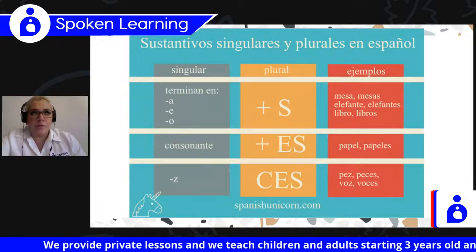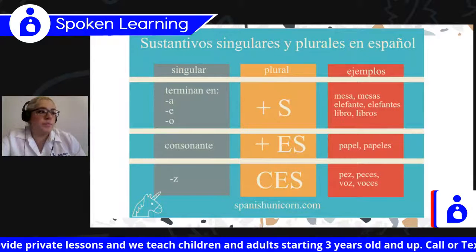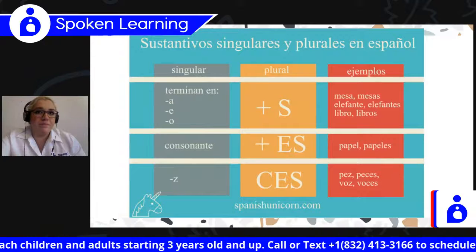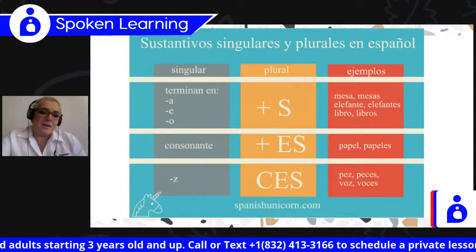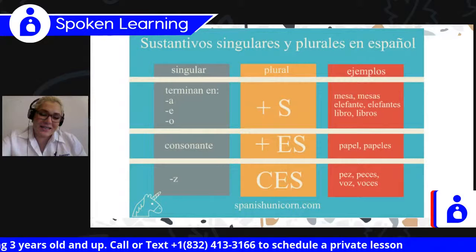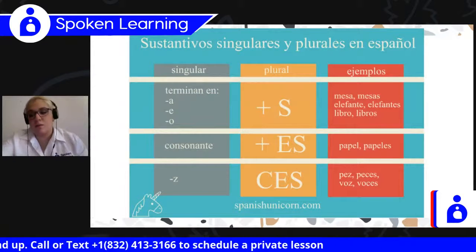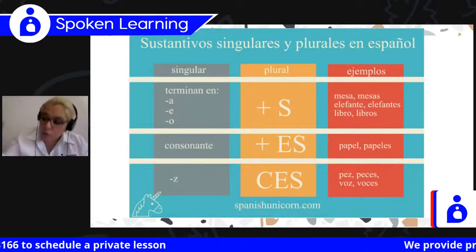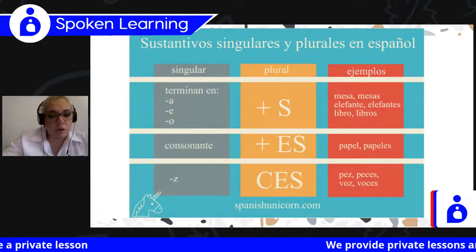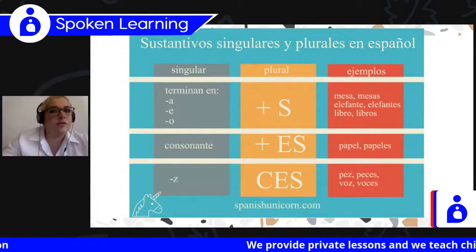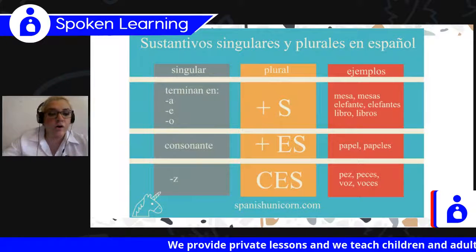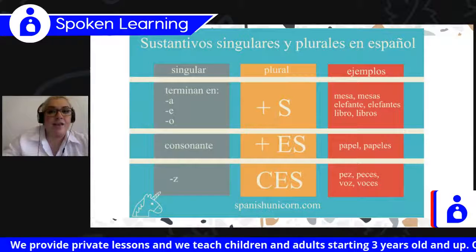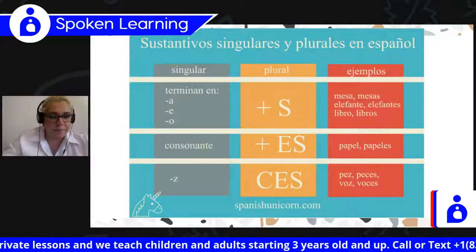Or, for example, well, there are so many words in Spanish that end with a consonant. Tenedor, that means fork. Because tenedor ends with a consonant, we're not going to say tenedors, we're going to say tenedores, okay?